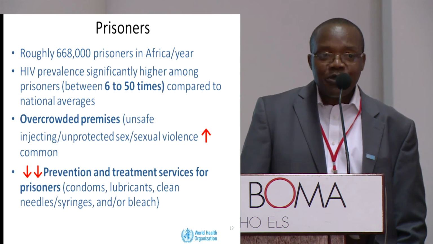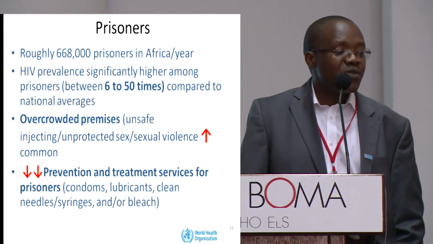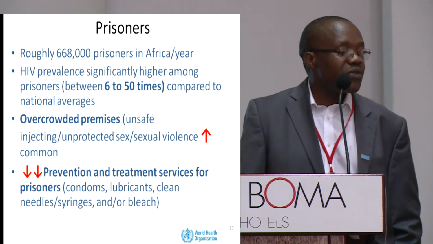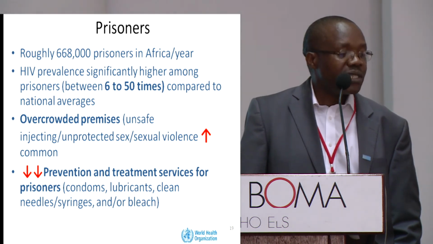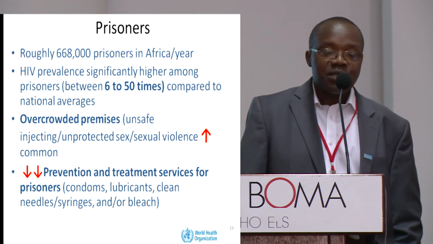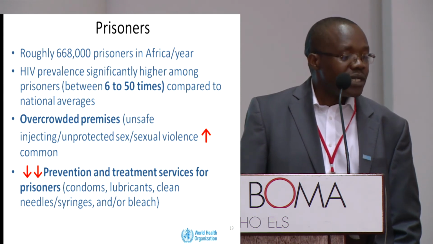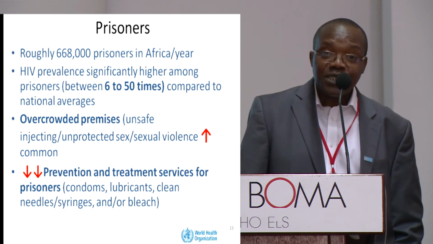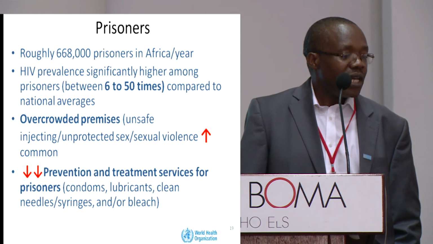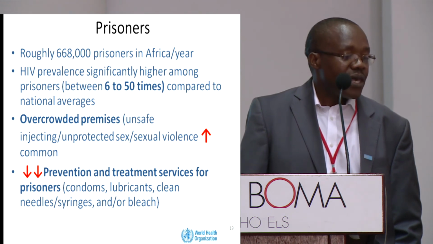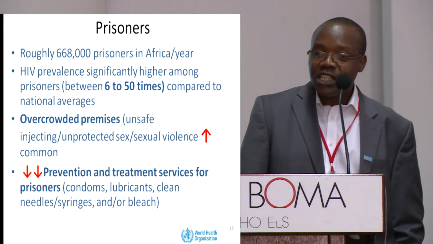Now, in Africa, we have close to 700,000 prisoners every year, and the HIV prevalence in this group is significantly high as well. Prisons are overcrowded, a lot of unsafe injecting is happening there, unprotected sex is happening, and of course sexual violence as well.